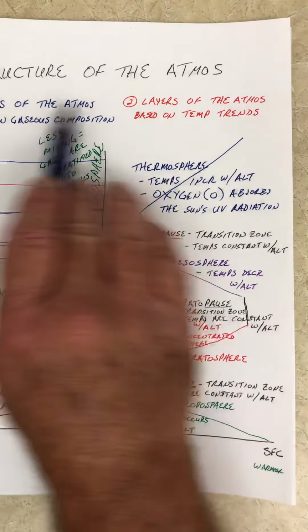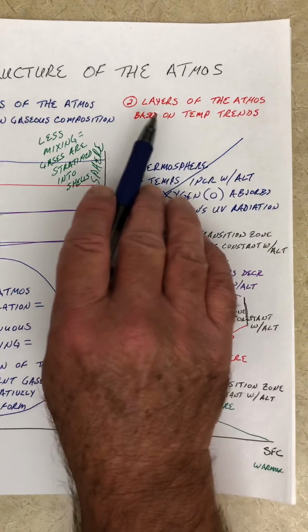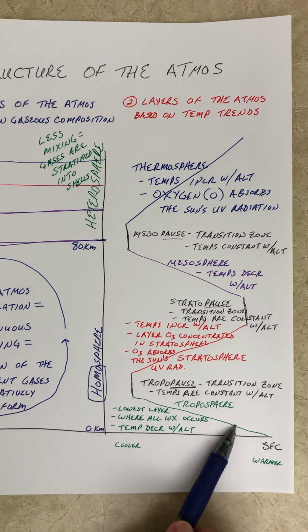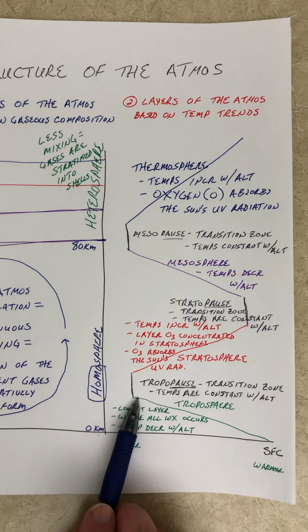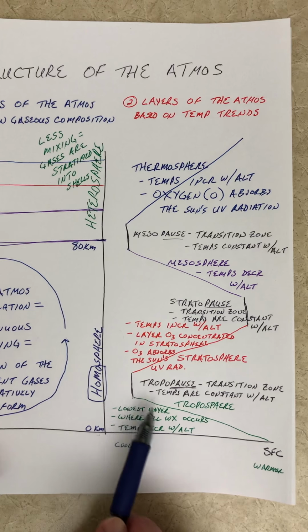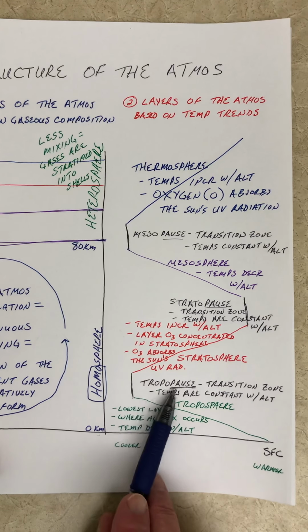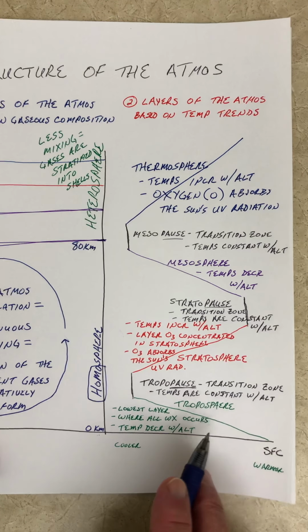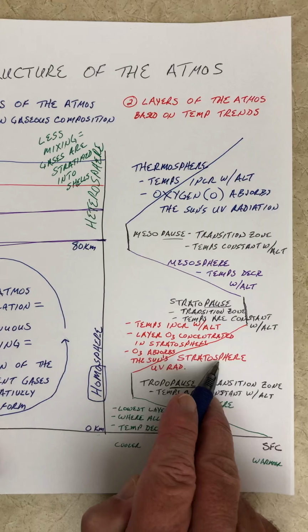Okay, so when we talk about the structure of the atmosphere based on temperature trends, the lowest layer is called the troposphere, where temperatures decrease with height. Then we hit a transition zone called the tropopause, where temperatures are constant with height. The tropopause is a transition zone between the troposphere and the stratosphere.